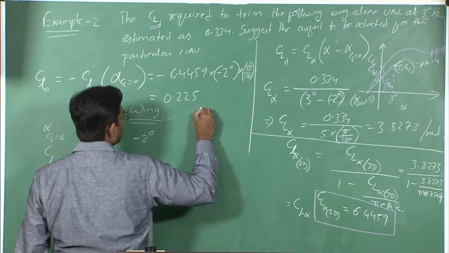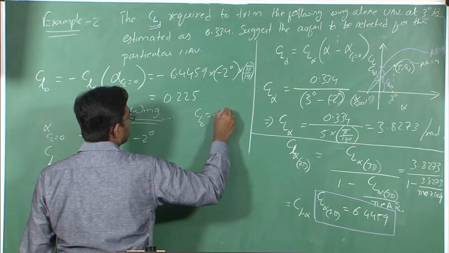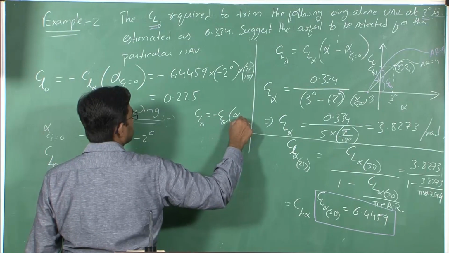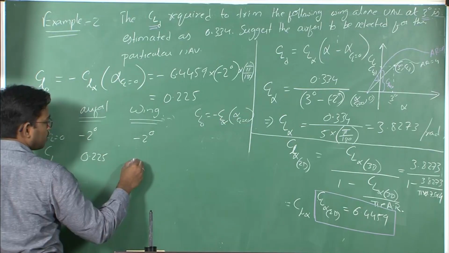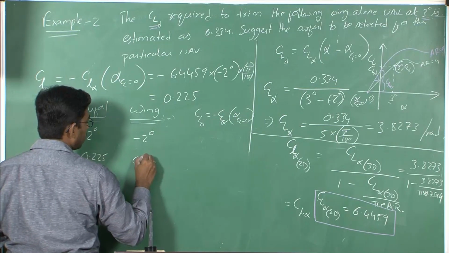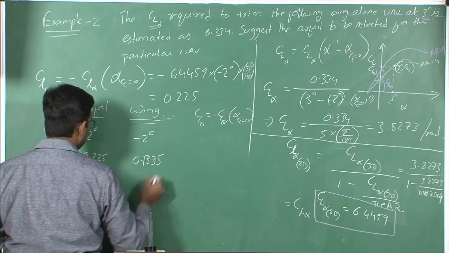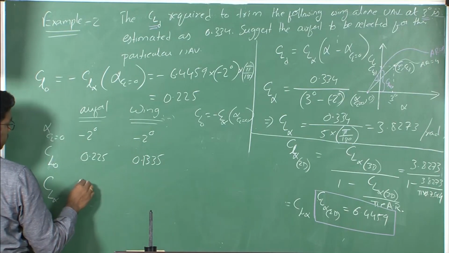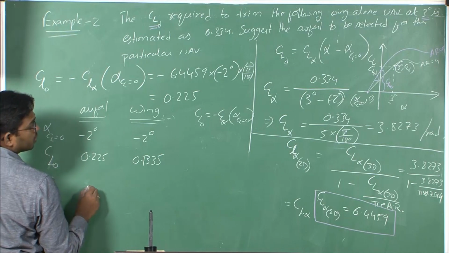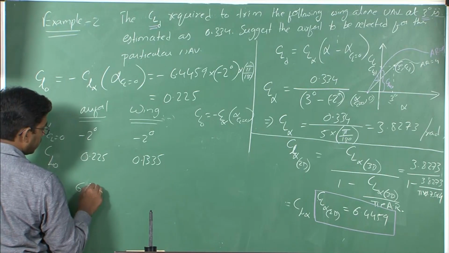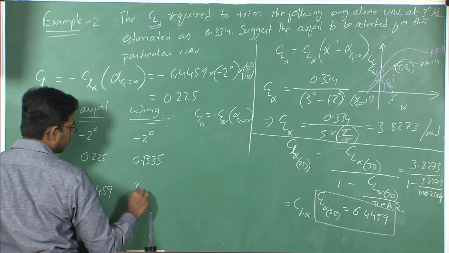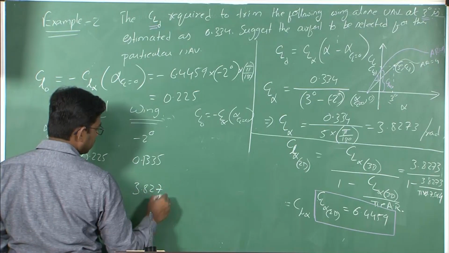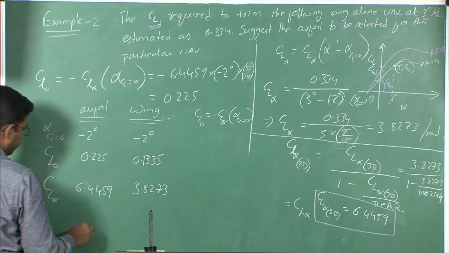So we can find that CL naught is equal to minus CL alpha into alpha at which CL is equal to 0. You substitute the wing CL alpha, and you will get the corresponding CL naught, 0.1335. CL alpha of the airfoil is 6.4459, and of the wing is 3.8273. These are per radian.